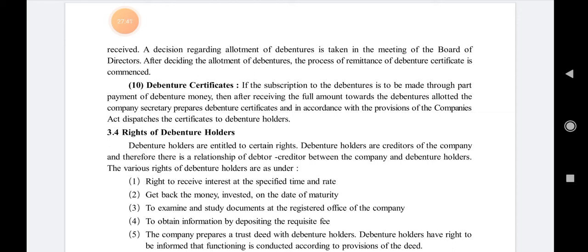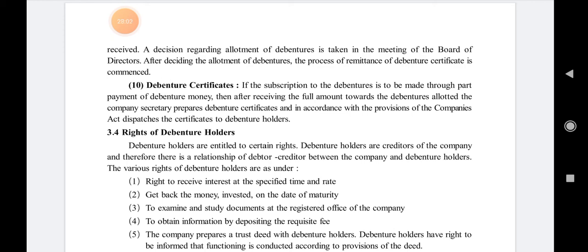They have to compulsorily get the debenture certificate to the debenture holders. After preparing the debenture certificates, the company secretary goes through the procedure for the allotment of the certificates to the debenture holders.